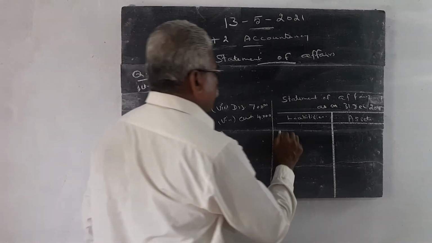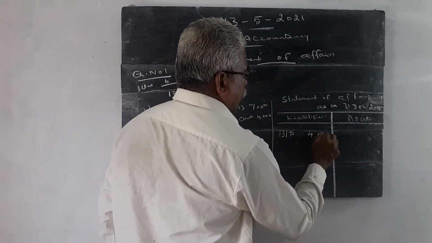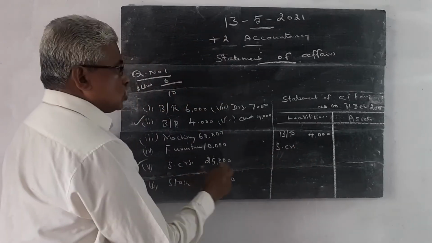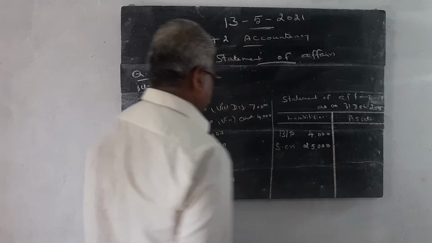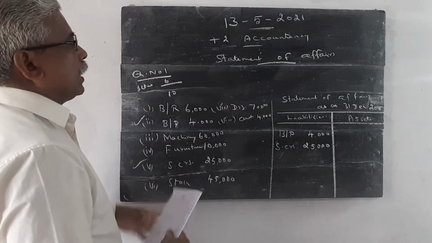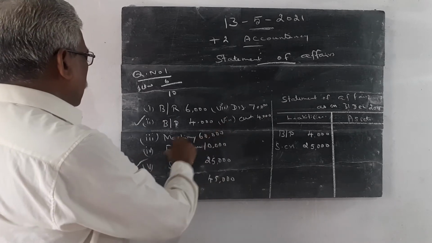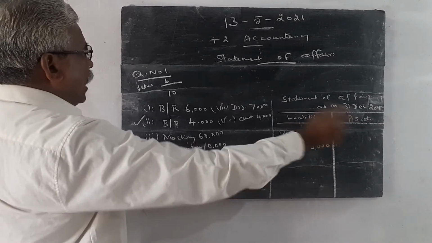Bills payable amount is 4,000. Sundry creditors value is 25,000. Only these two items are entered here. Totally we have 8 items. 2 items are entered in the liability side. The remaining 6 items come in the asset side.